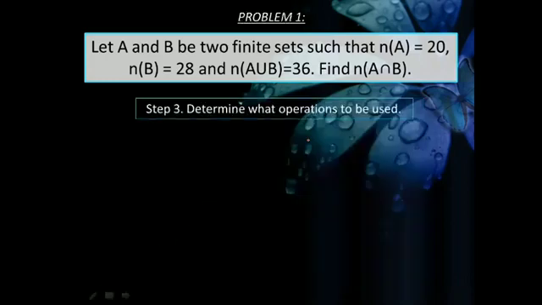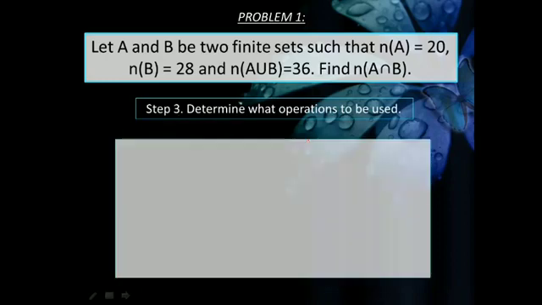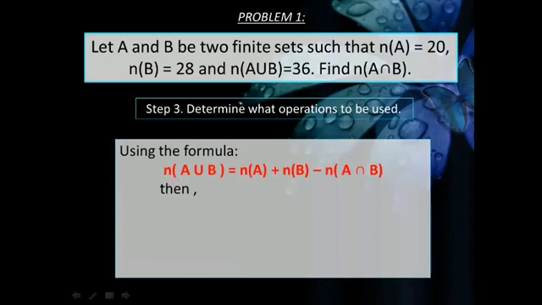Determine what operations to be used. Using the formula, the number of elements of A union B is equal to the number of elements of A plus the number of elements of B minus the number of elements of A intersection B. This formula is used for finding the cardinality of sets.